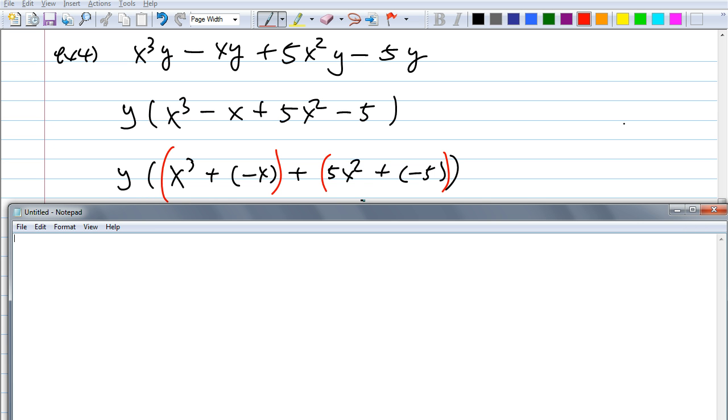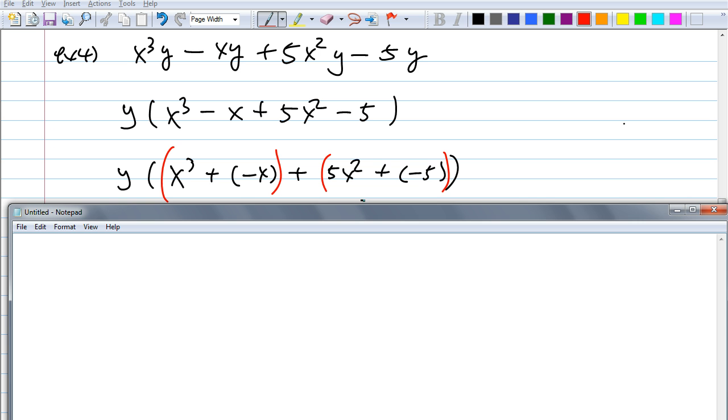Derek, what's the GCF for the first two terms? For the first two terms, it's x. What about the last two terms? John, what's the GCF for the last two terms? 5. John, tell me what to write. So when you factor out the x, you get y times x times.